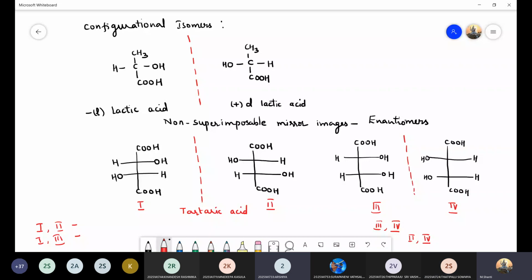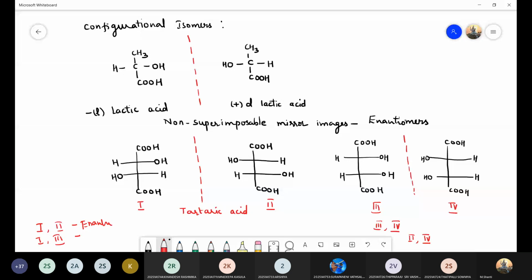Now lift structure 2 and put it on structure 1. Are they superimposable or non-superimposable? Non-superimposable mirror images. So what do you call them? Enantiomers. Very good.